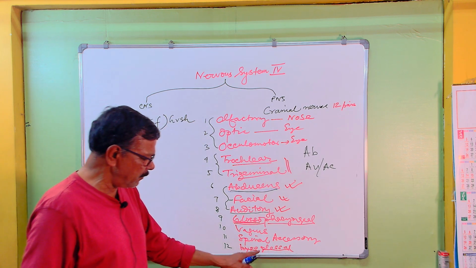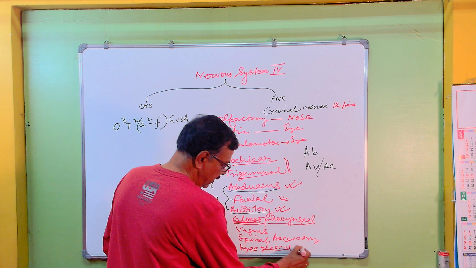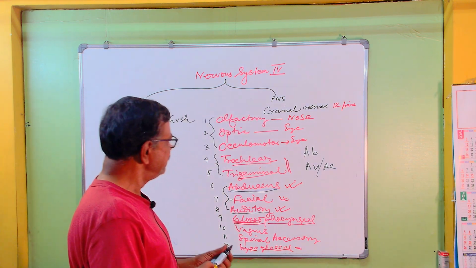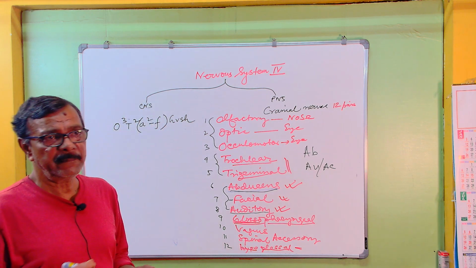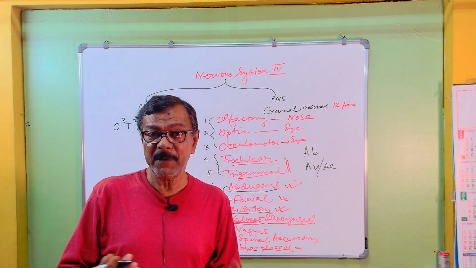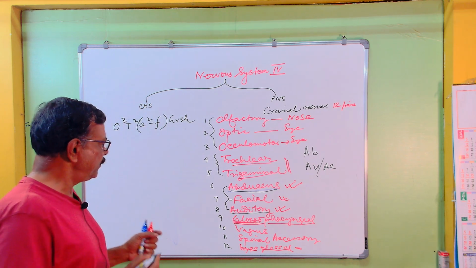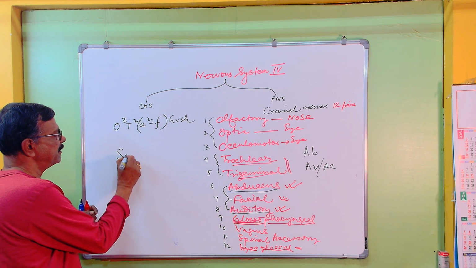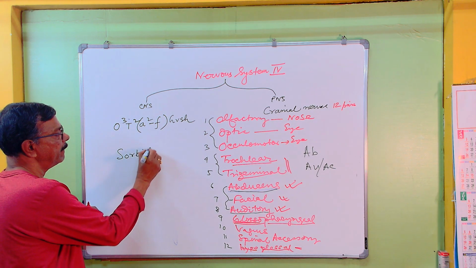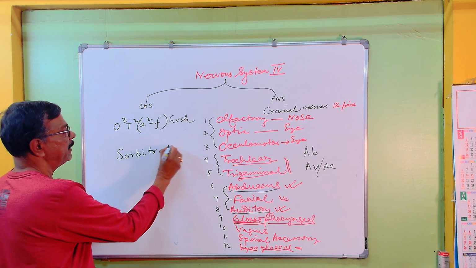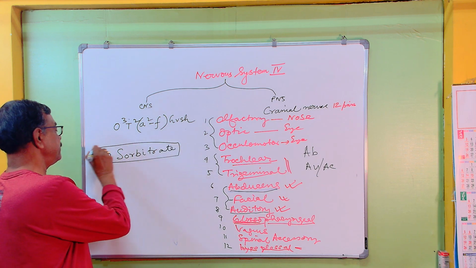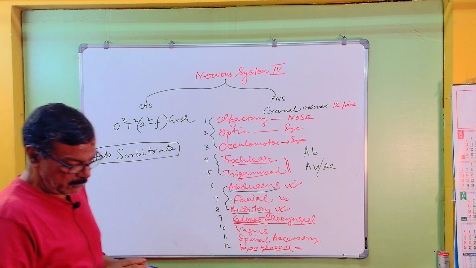Below the tongue, hypoglossal is the shortest. Sometimes there may be a heart attack or uncontrolled heart. So we used to keep a sorbitrate tablet in our pocket.